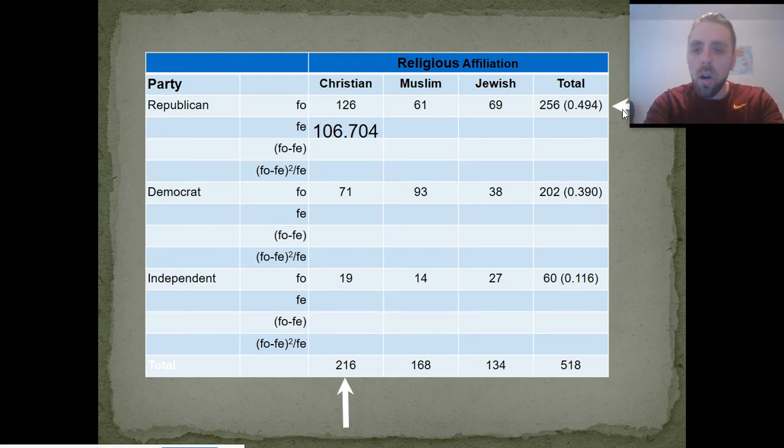So in your notes, I would like you to try your hand at this. I will pause momentarily, but also pause the video if you need to go through this. Because going forward, how do I then apply this to the Muslim variable? Well, I'm going to take that 0.494 and multiply it by 168.